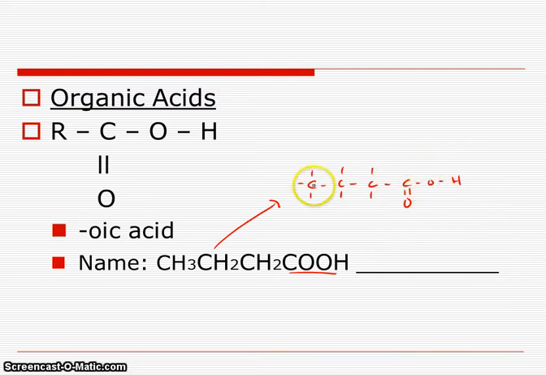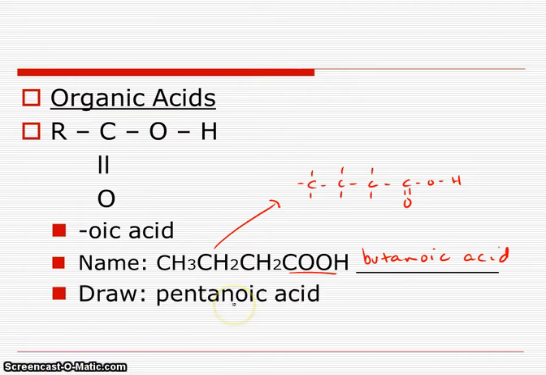When we go to name it, we need to figure out what our prefix is, and our prefix has to do with how many carbons. So 1, 2, 3, 4. So that's our butane. So we've got butanoic acid. Okay, again, the oic is the suffix that we use when we look at organic acids.